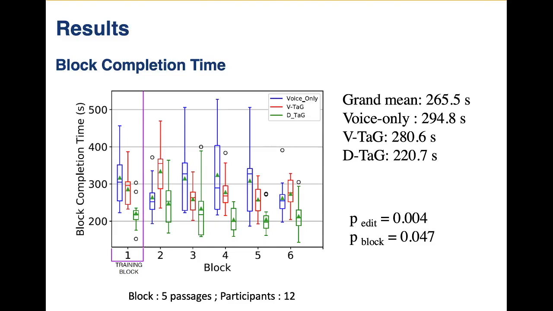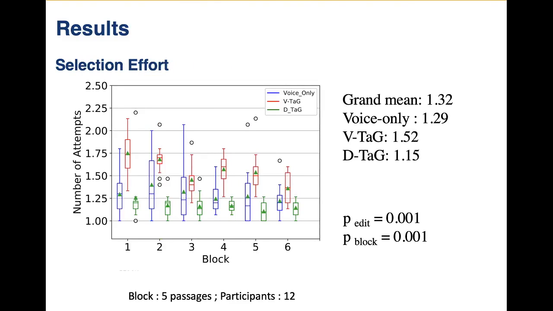After evaluating the block completion time, we wanted to investigate how much effort was spent in selecting the erroneous word. The measure is count per erroneous word with a floor value of 1, implying a word was selected on the first attempt. Looking at the selection effort graph, we can also see that D-tag performed better than voice only and V-tag across all the blocks.